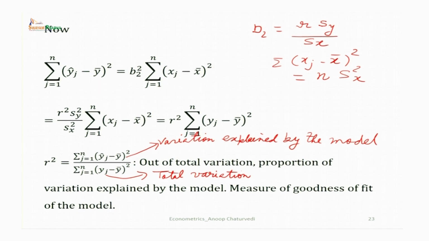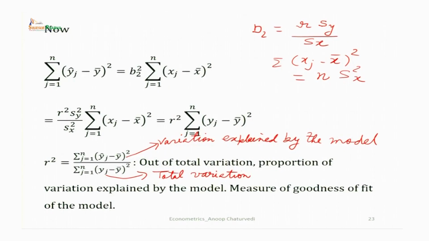In correlation, if the correlation coefficient is equal to +1 or -1, then we say that x and y are perfectly correlated. And if r is equal to ±1, then obviously r squared is equal to 1.